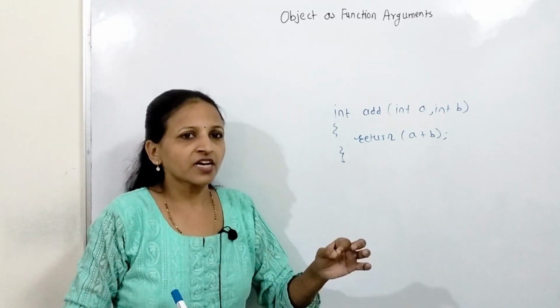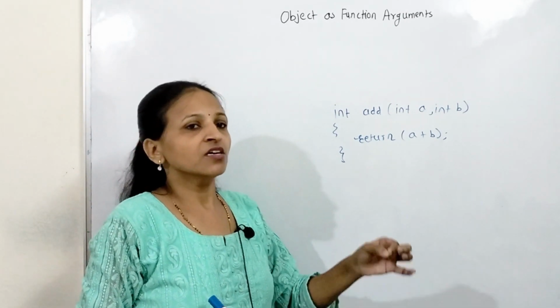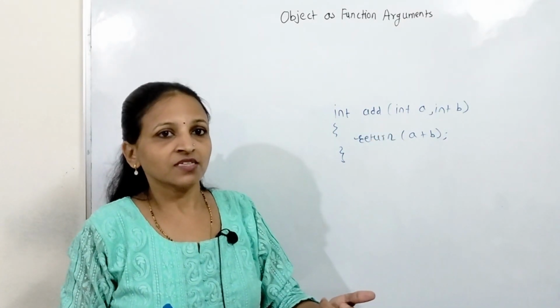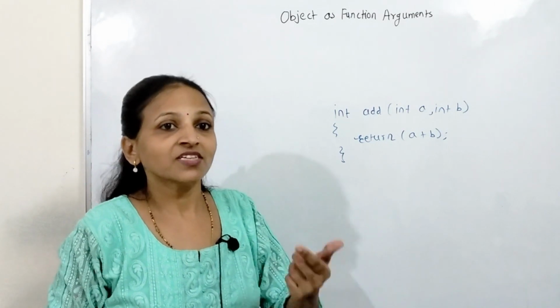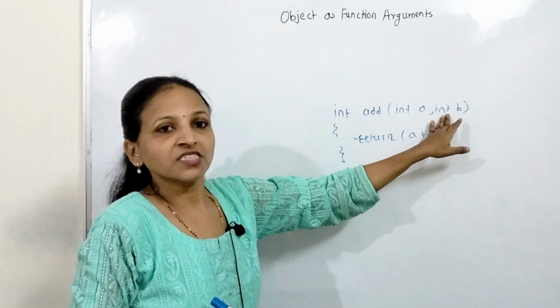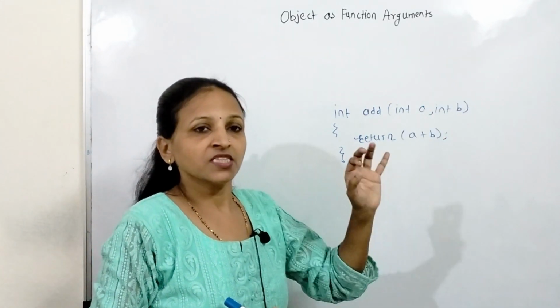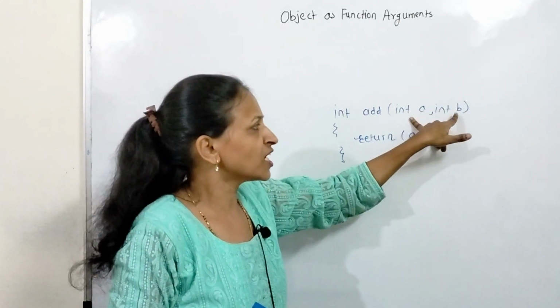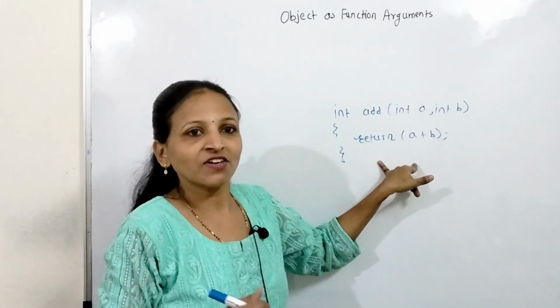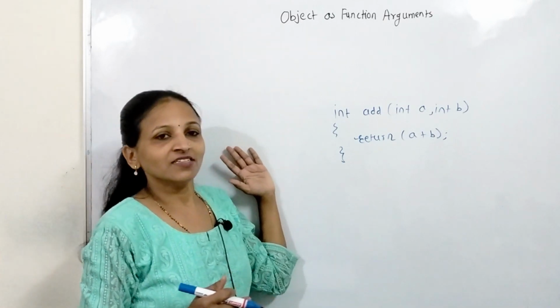We have to just try to implement everything which is done with basic data types, with objects. Getting? Here we are passing two basic data type variables. In the same way we can pass two class variables, do addition of those two class variables, and return that class variable.